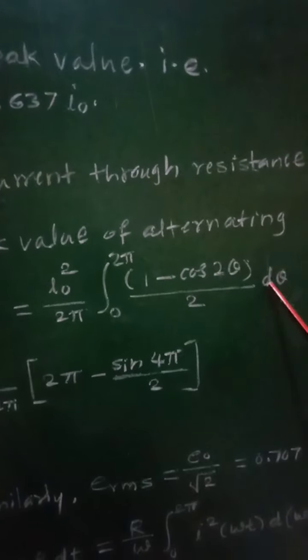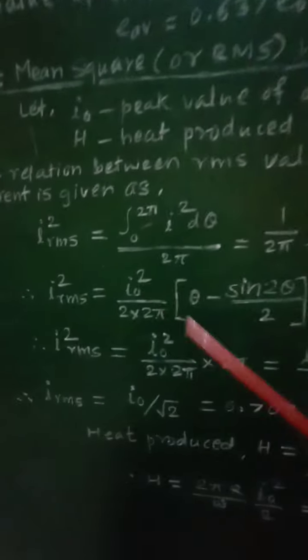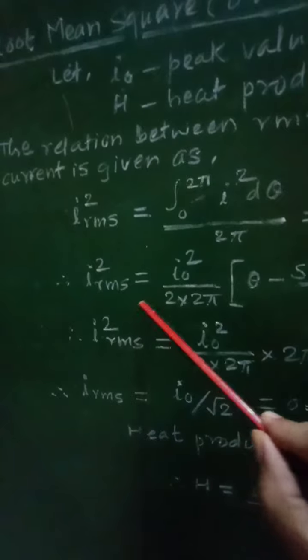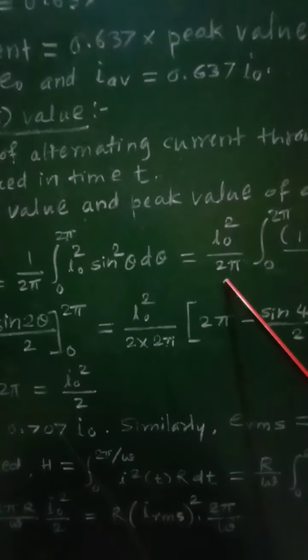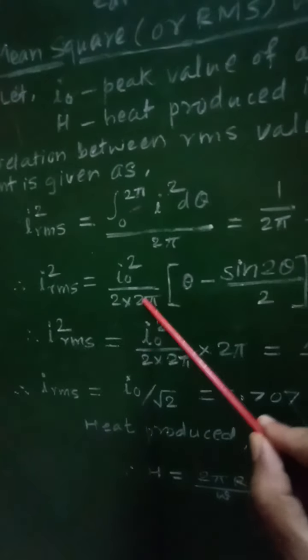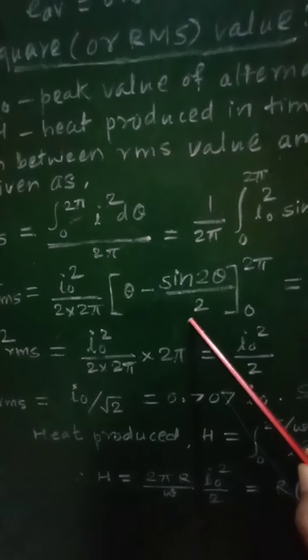Now we have to integrate this, and therefore we will get IRMS square equal to I0 square upon 2 into 2 pi. This 2 is again taken out of the integration, therefore it will be 2 into 2 pi, into theta minus sin 2 theta upon 2.